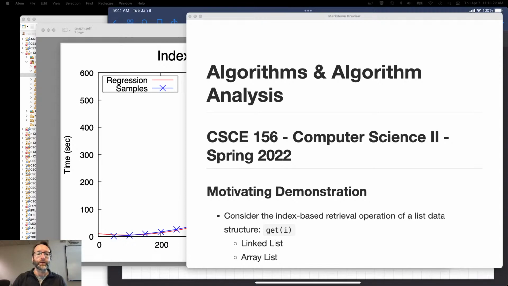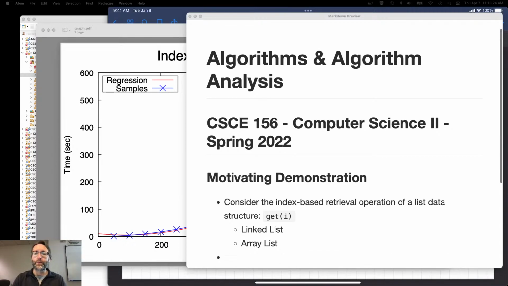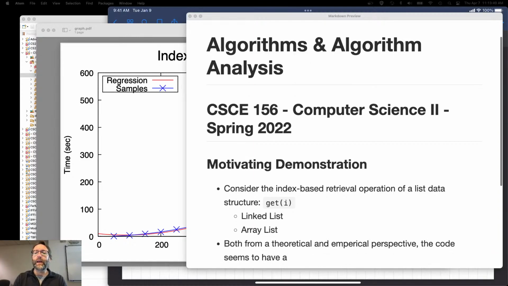Both from a theoretical and empirical perspective, the code seems to have a quadratic behavior with respect to the amount of time it takes to execute.